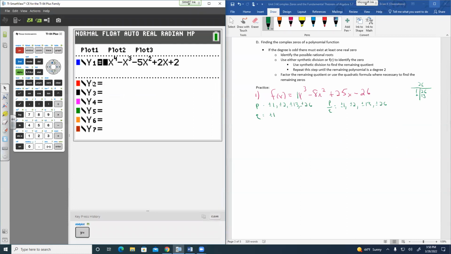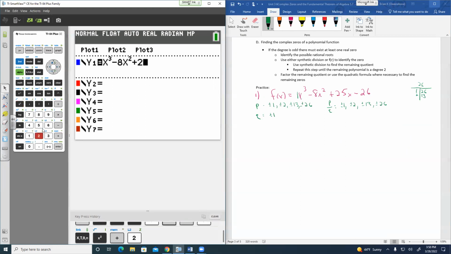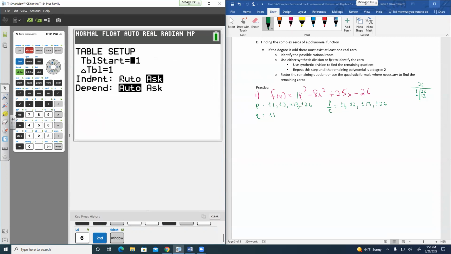So I'm going to have then x cubed in my calculator minus 8x squared plus 25x minus 26. Under table set, I'm going to change it from auto to ask. Well, it already is. All right. So I don't have to do that.